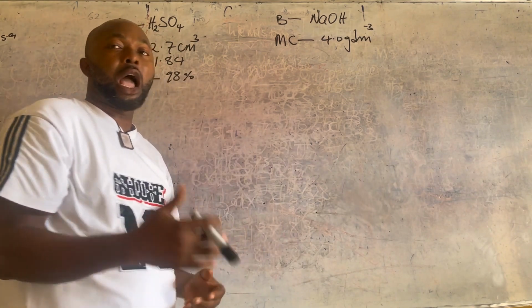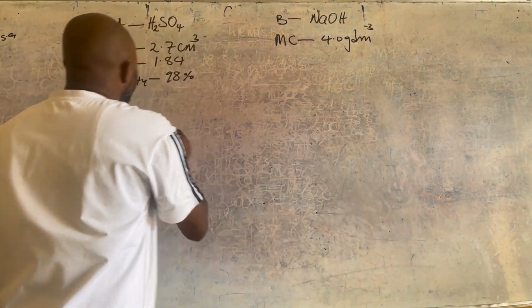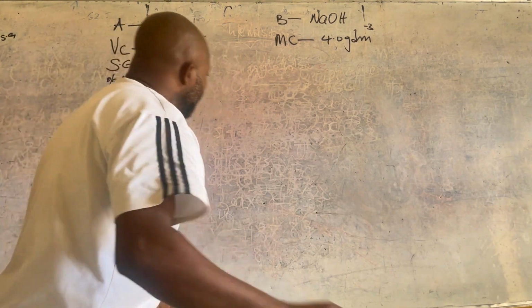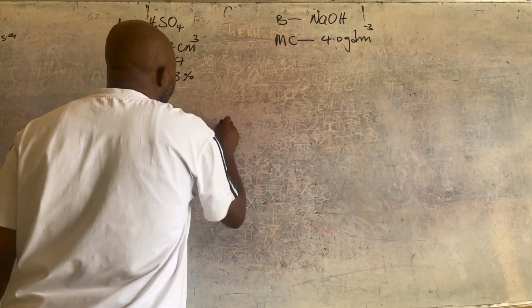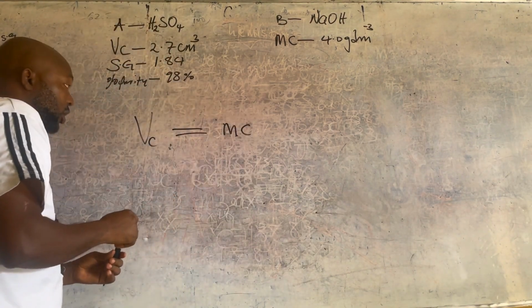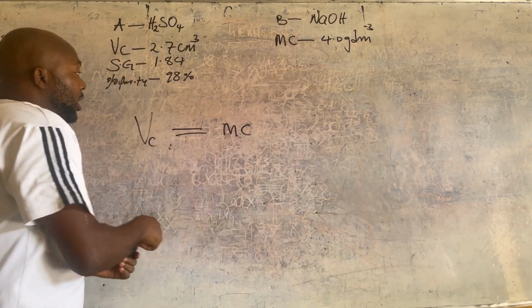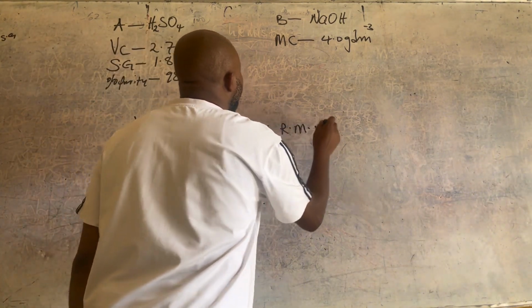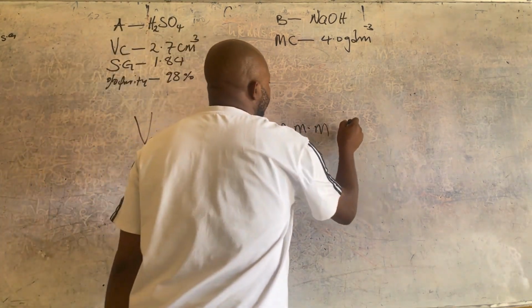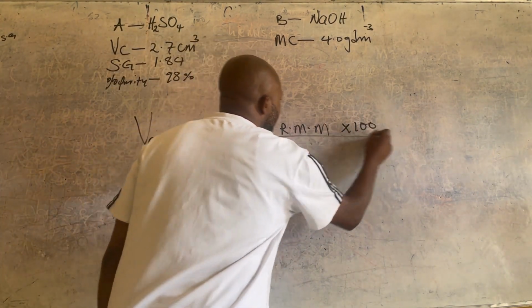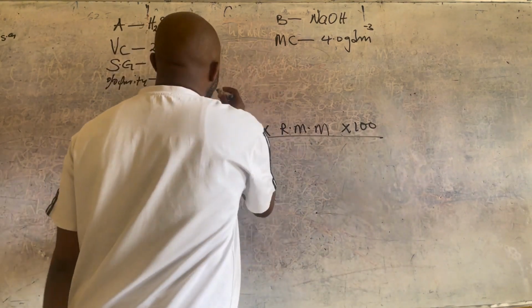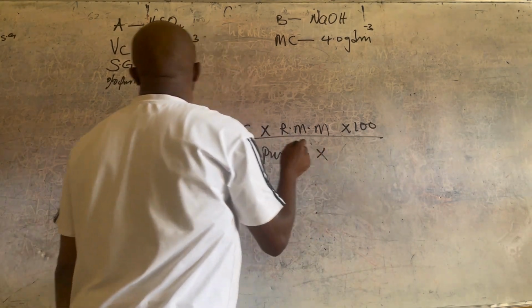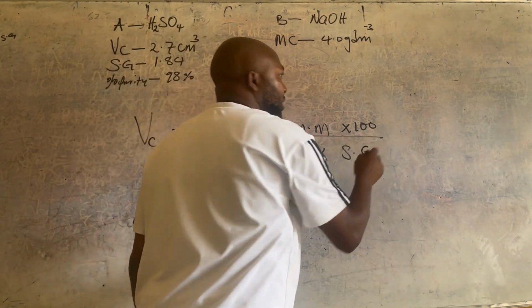So by this, I will have to apply my formula. We have the formula: volume concentration is equal to the molar concentration, times the relative molecular mass of the acid times 100, all over the percentage purity times the specific gravity.